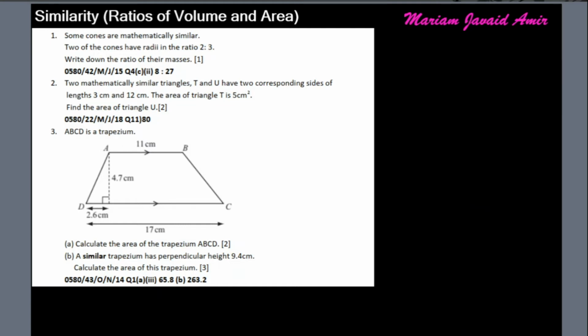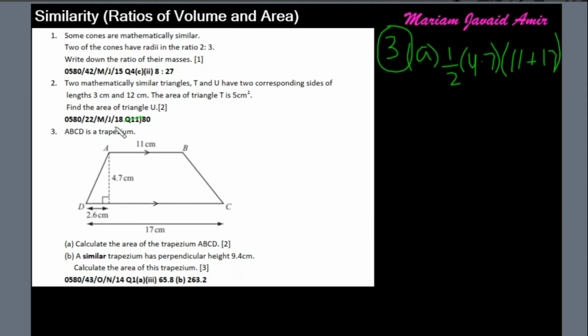Question 3. ABCD is a trapezium. Part A, calculate the area of this trapezium. So area of trapezium is simply half times height, which is 4.7, times sum of opposite sides or parallel sides, which is 11 plus 17.